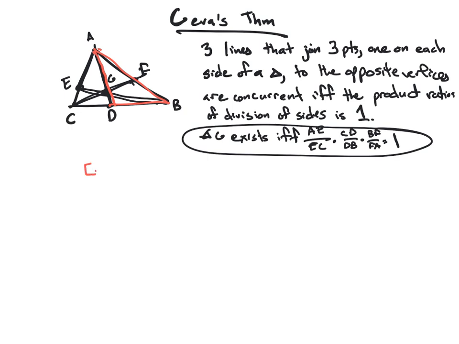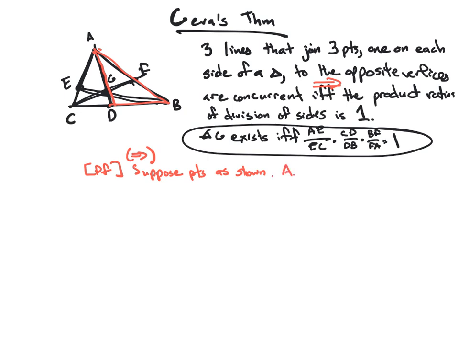This is just the one direction. We're going to suppose they're concurrent. Then the product of the ratios of divisions is 1.